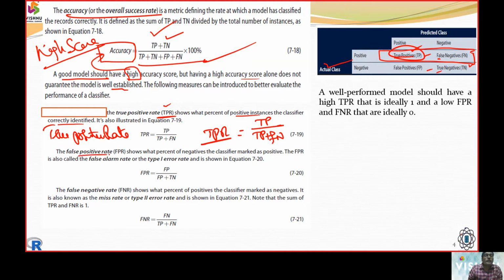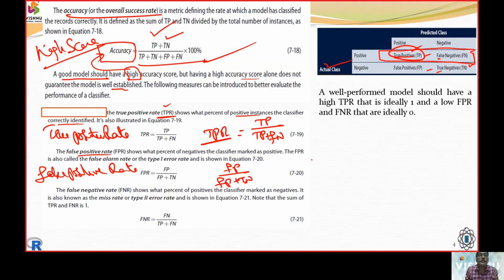Next, I need to compute the false positive rate. How do I compute the false positive rate? I compute it by false positive divided by false positive plus true negative.